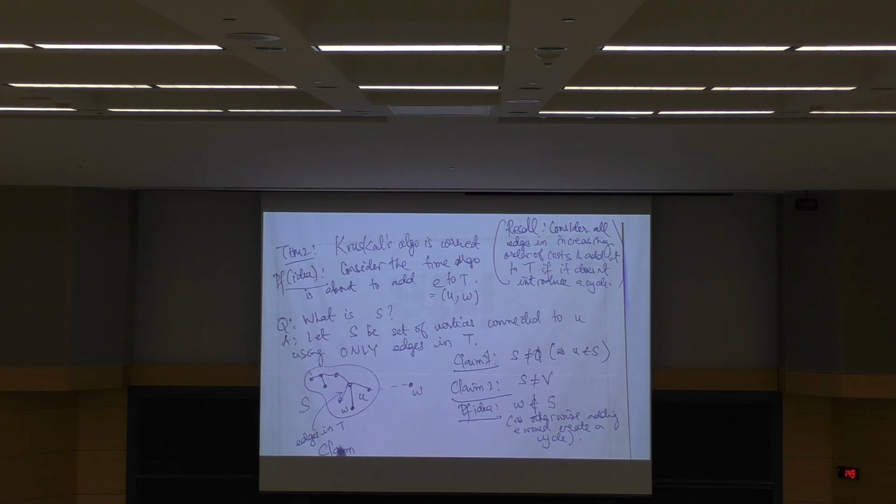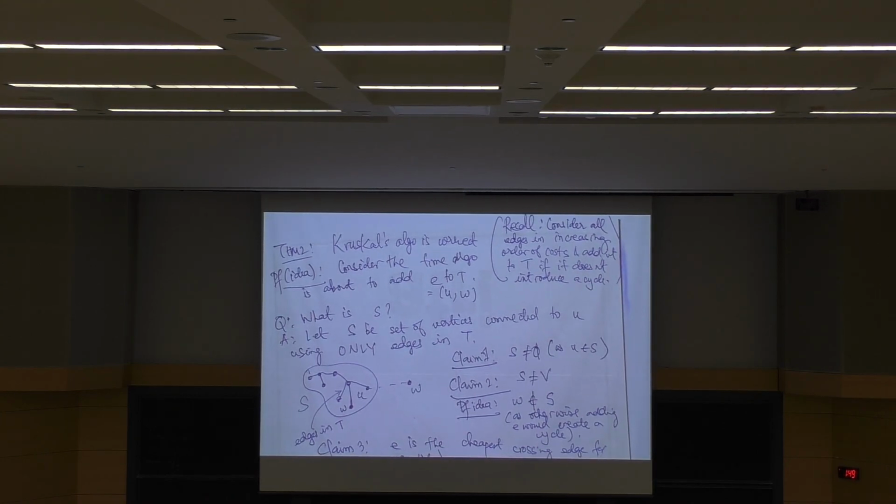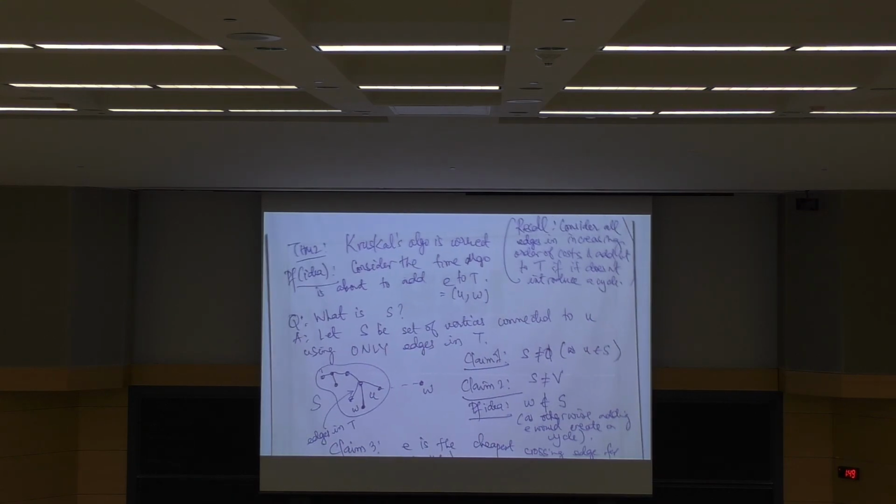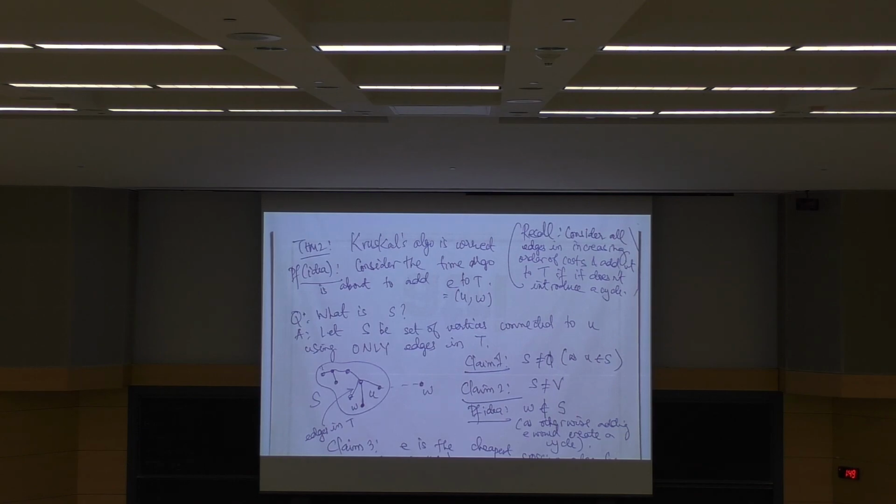And the third claim that we're going to make is that e is the cheapest crossing edge for the cut S and everything else. We'll quickly go over it again next time, but the basic idea is that among all the crossing edges of this cut S, e will be the first edge considered by Kruskal's algorithm.